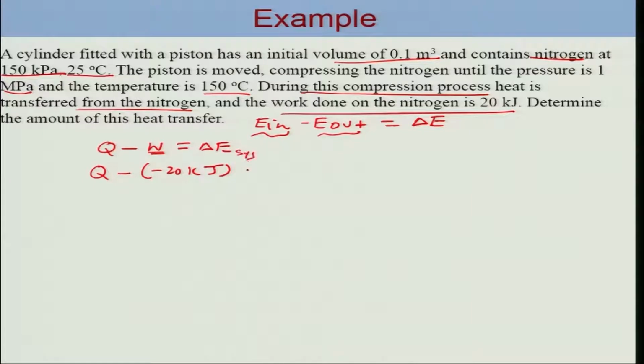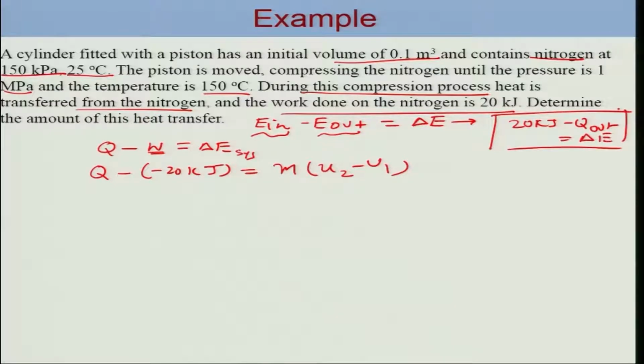So this should be equal to m times u2 minus u1, considering all other terms such as kinetic energy and potential energy are 0. So this is one way of putting it. If I had used the other way, I would be using E in, which is the work done on the nitrogen, 20 kilojoules, minus Q out, equal to delta E. So this is one way where we just write out because we know the sign of it.